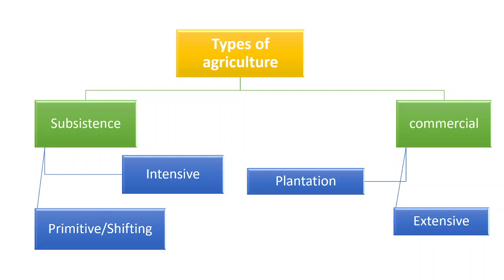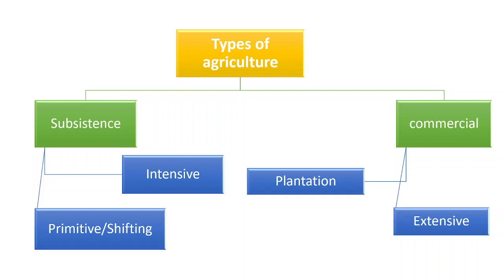Then we have commercial farming, which includes extensive farming and plantation farming. In commercial farming, the sole objective is to earn profit. And again, commercial farming has a single crop. It includes extensive and plantation. Extensive is where the piece of land where agriculture is carried on is used extensively.